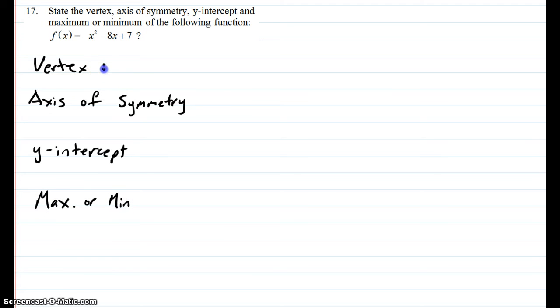All right, so it's not in vertex form, so you can't just look at it. You could put it in vertex form. So to put it in vertex form, we're going to practice completing the square again.